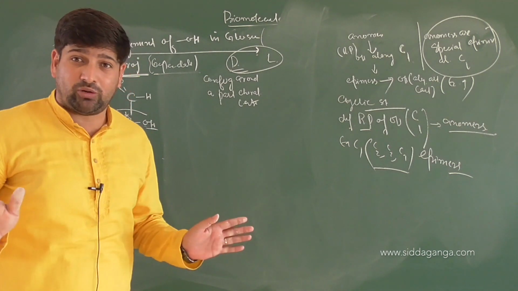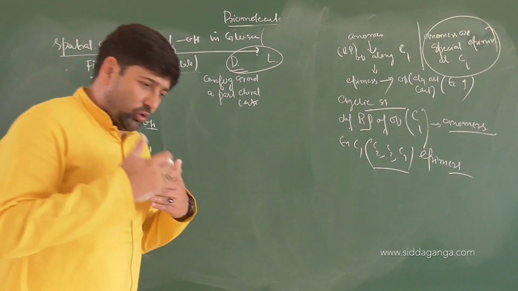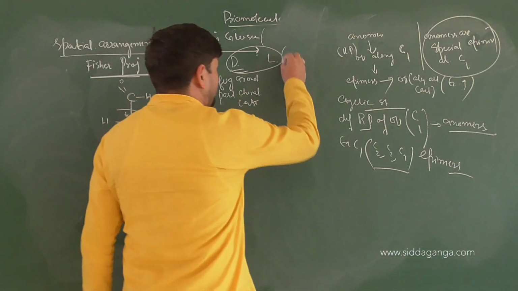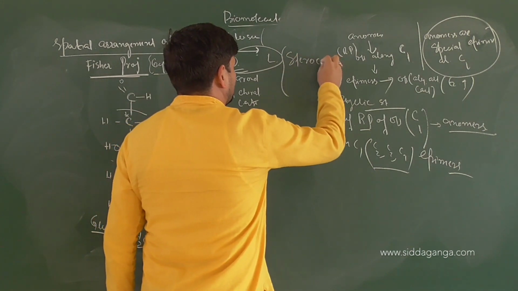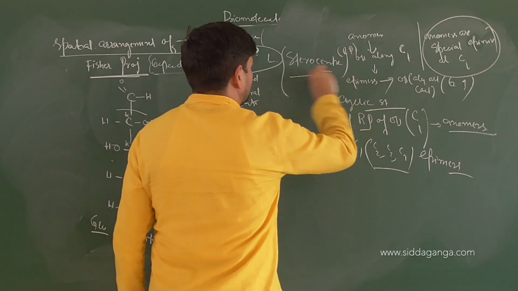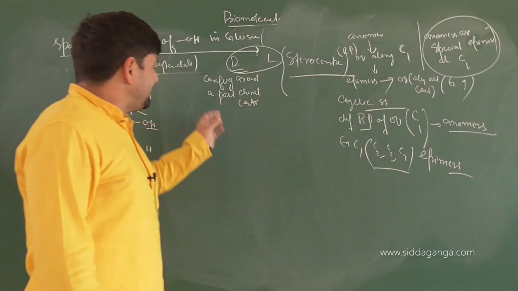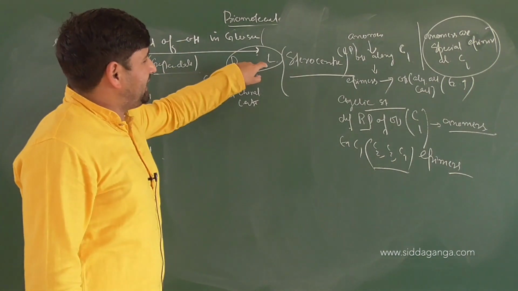It has nothing to do with optical activity. It means where exactly the OH group is present around a particular chiral center. That chiral center we also call a stereo center. So around a particular stereo center, how exactly is the OH present? So we have D and L.